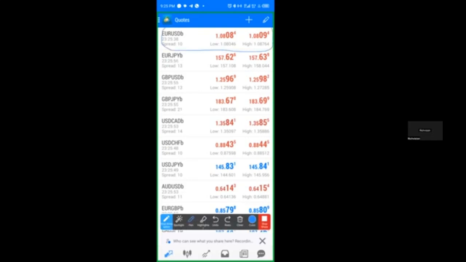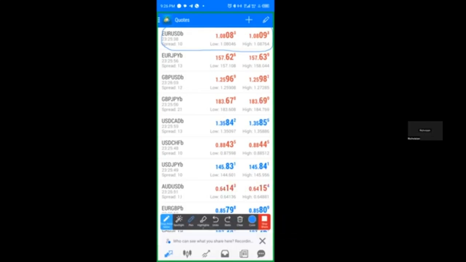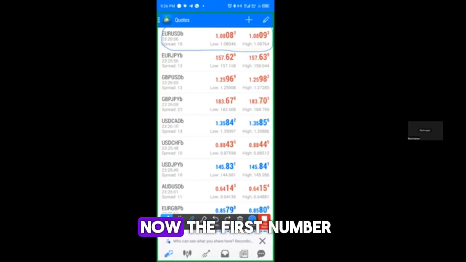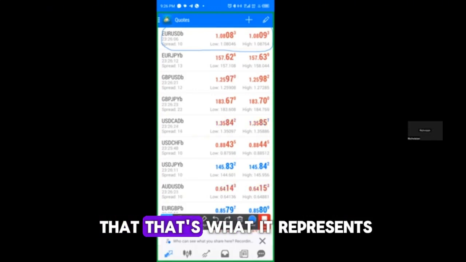Remember, I told you that some brokers will show 4 figures, some show 5 figures. Now, the first number here, 1.0808, the pipette is the third one, the small one they put at the top. Some will write it fully, but whichever way, just know that that's what it represents.